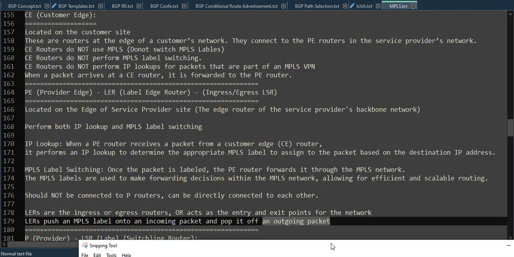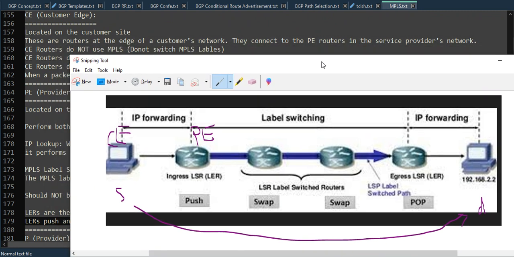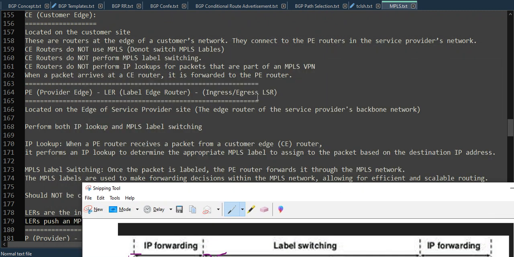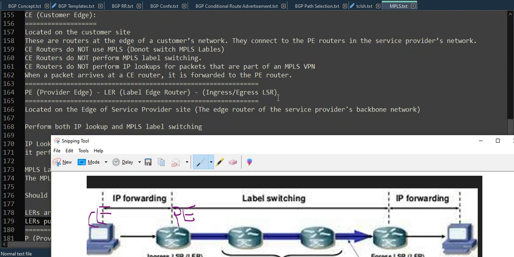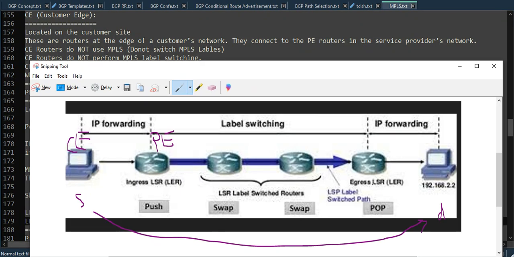If you see, ingress LSRs are pushing packets, and egress LSRs are popping the packet because they are located at the egress point of the MPLS network.